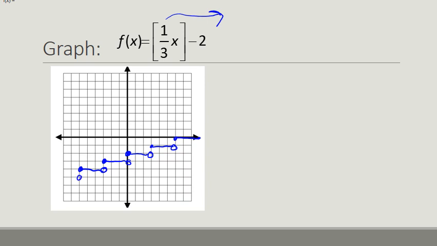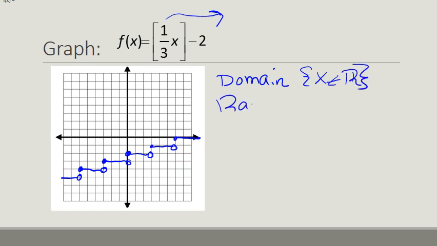So my domain and range are still going to be the same. Okay, so my domain will be all reals. My range is going to still be, because it's still every integer, the integers. That Z with the extra line through it.